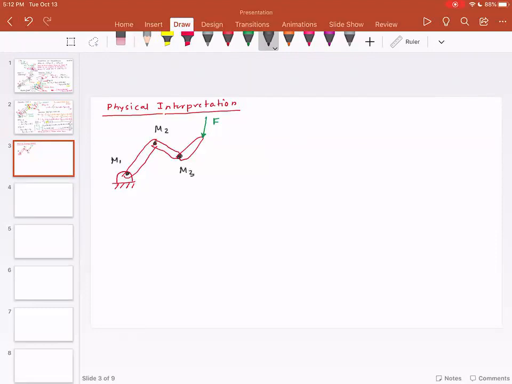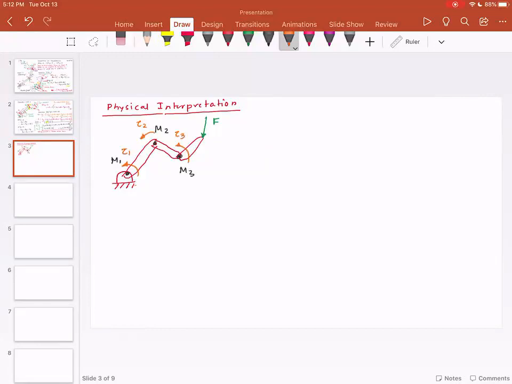These motors will not exert forces, but they will exert torques. M1 will give you torque 1, M2 will give you torque 2, M3 will give you torque 3.